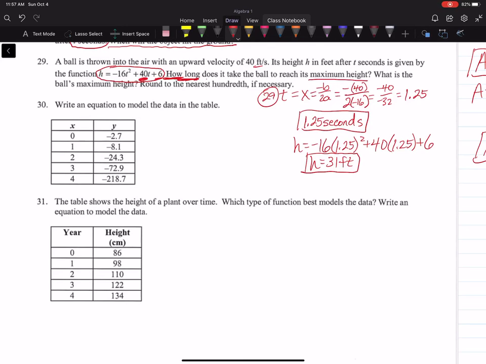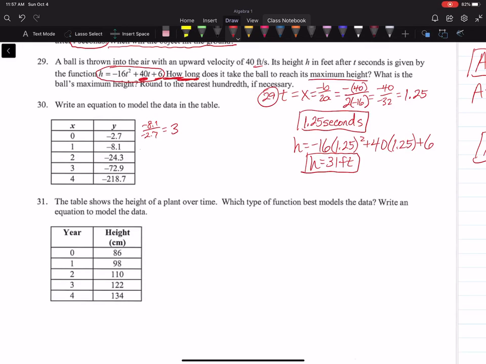So first, I always check to see if it's exponential. Remember, if it's exponential, they will be multiplying by the same number to get the next number. So I'm going to say negative 8.1 divided by negative 2.7, and that's 3.